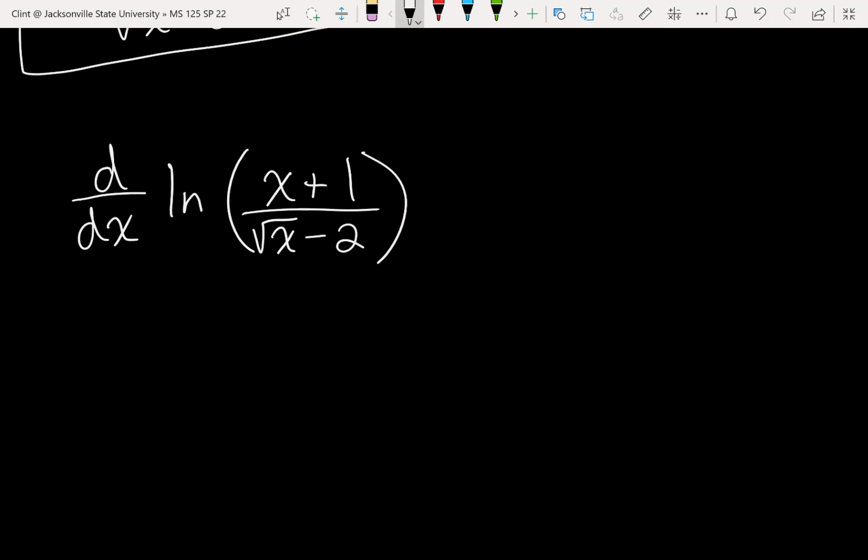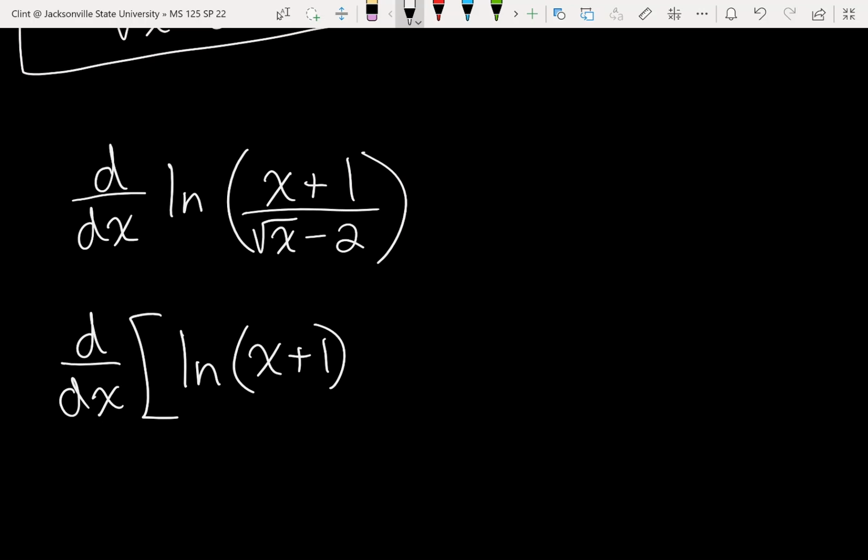So what do you see we can do with our properties of logarithms? We can say that's ln of x plus 1 minus ln of square root of x minus 2, and I'm going to just write it x to the 1/2.